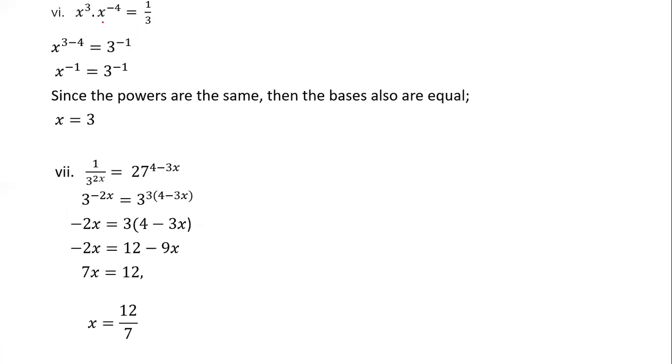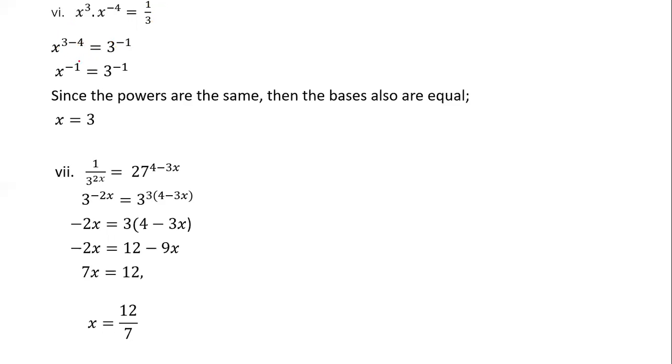Now, if you look at what we have here, x cubed times x power negative 4 equal to 1 over 3. Now, the base here is x, base here is x. So you can apply the multiplication law of indices here by taking one of the x's and then adding the powers. So that's what will give us x raised to the power 3 minus 4 equal to, now push the 3 up to become 3 raised to the power negative 1.